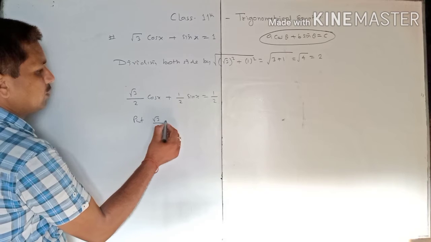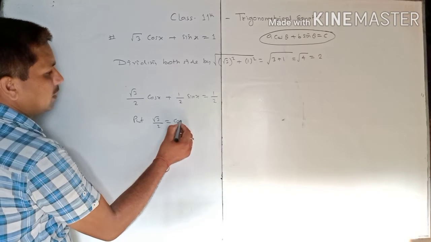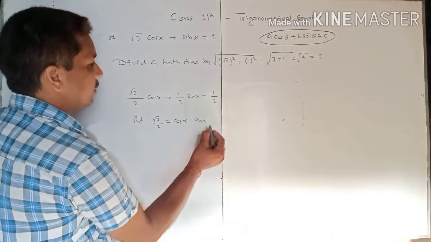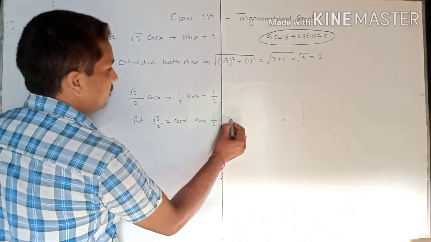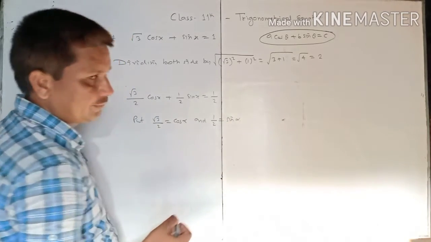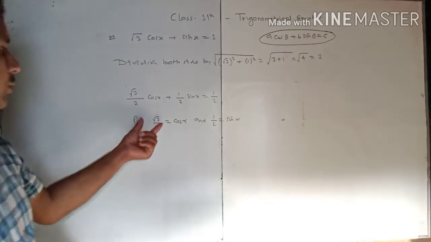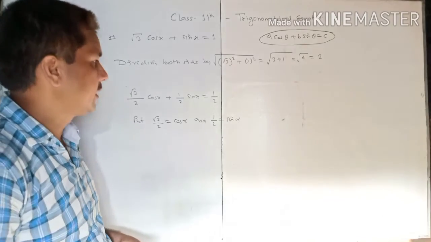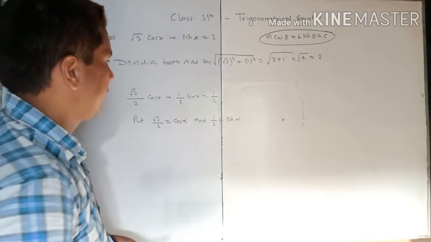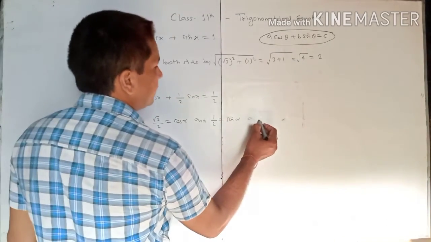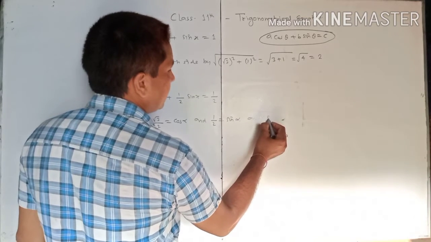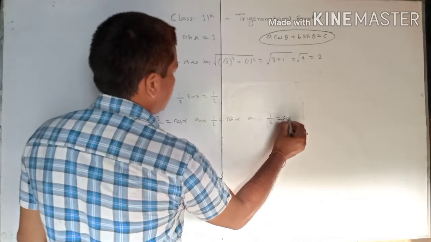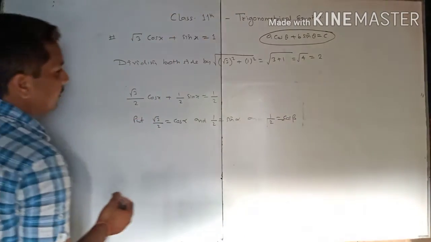Put root 3 by 2 is equal to cos alpha and 1 by 2 is equal to sin alpha, according to the article. And 1 by 2 is equal to cos beta.